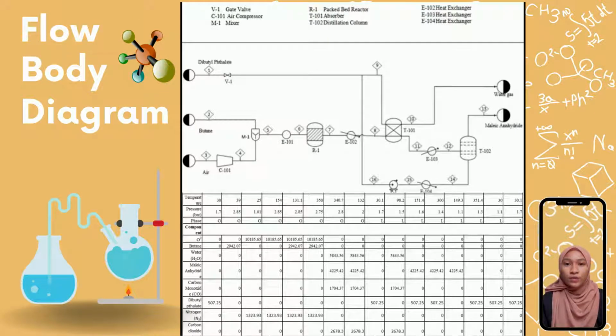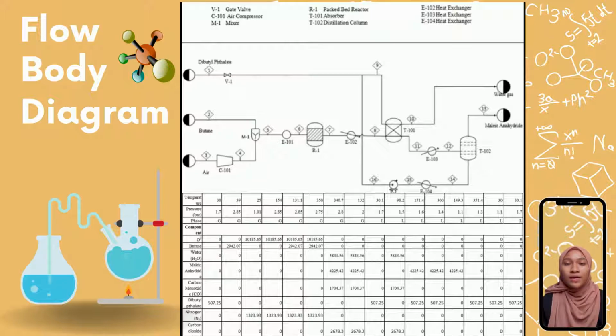This is our process flow diagram, which describes the production of Maleic Anhydride from the reactants. Our inputs for this process are butane and air, which will be mixed first in the mixer before being sent to the reactor. In the reactor, the butane will react with oxygen. After exiting the reactor, it will be cooled down first by the exchanger before entering the absorber.